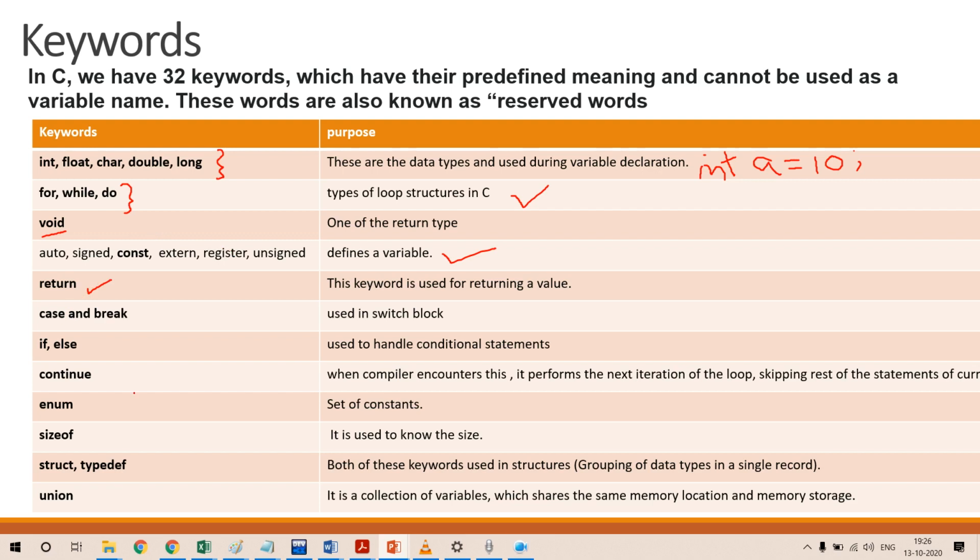So we'll see all these things in the slides in the next presentation. These words have predefined meaning. That meaning you cannot alter. That is why they are called reserved words or keywords. So these cannot be used as variables.